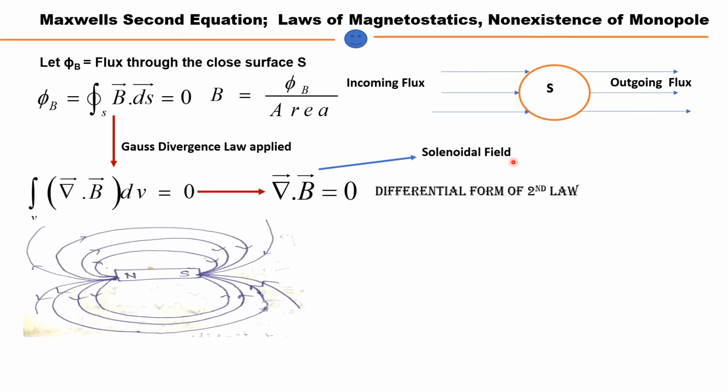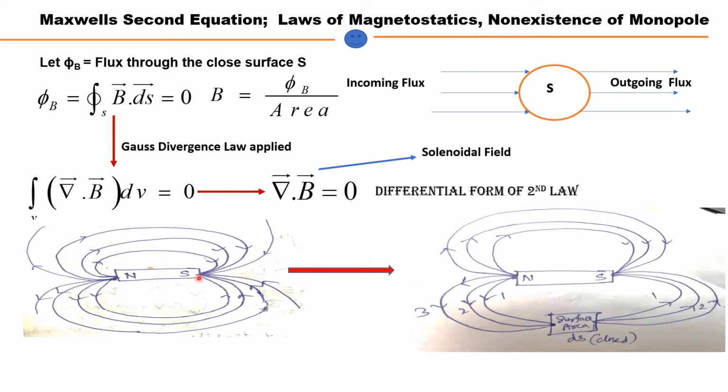To understand this, let us first take a bar magnet, with a north pole and a south pole. All the field lines emanate from the north pole and converge to the south pole. This is a source of magnetic field. Now if we take a small surface area dS, you can see the number of field lines entering this surface area, 1, 2, 3.